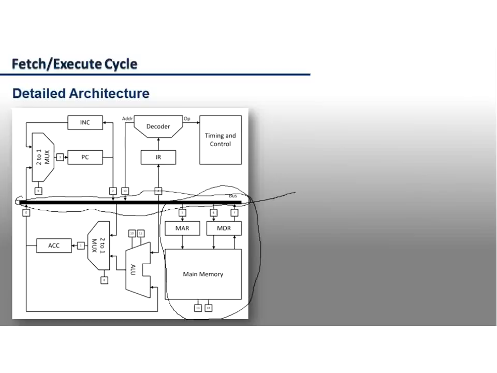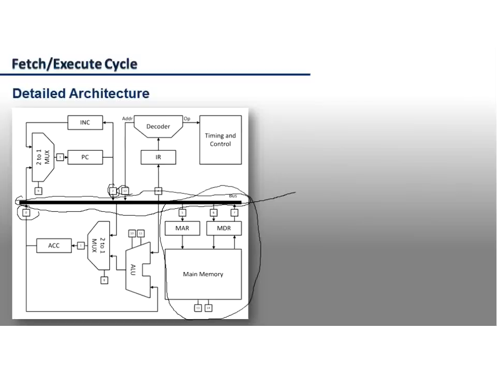Similarly, the bus in the CPU has gates to allow input and output from and to the bus. These little ones are gates. They allow input and output from various devices.